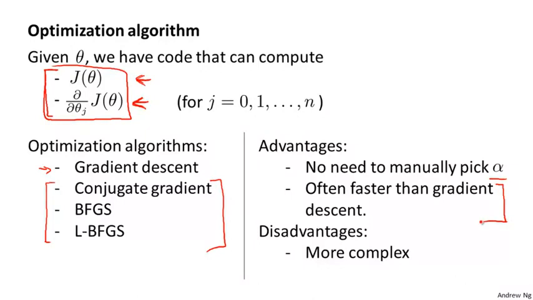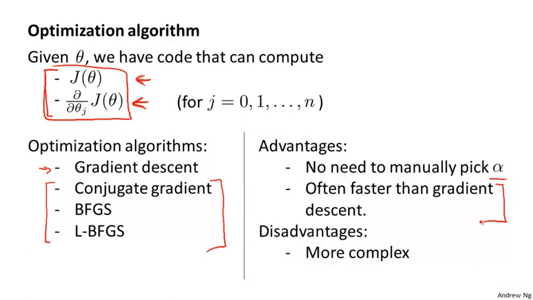But detailed discussion of exactly what they do is beyond the scope of this course. In fact, I actually used these algorithms for a long time, like maybe over a decade, quite frequently, and it was only a few years ago that I actually figured out for myself the details of what conjugate gradient, BFGS, and L-BFGS do.